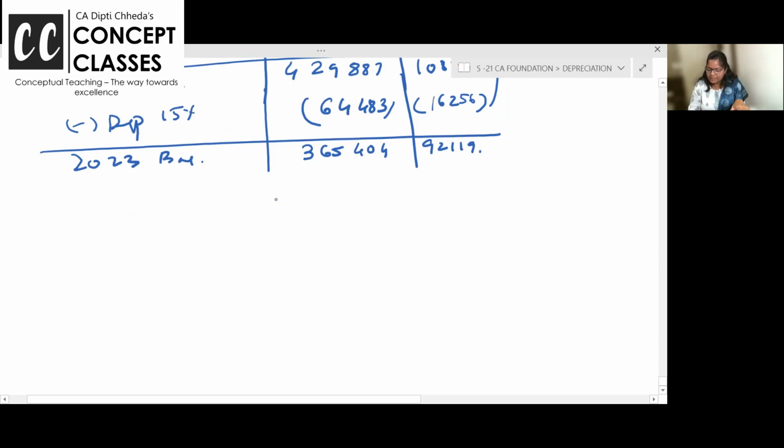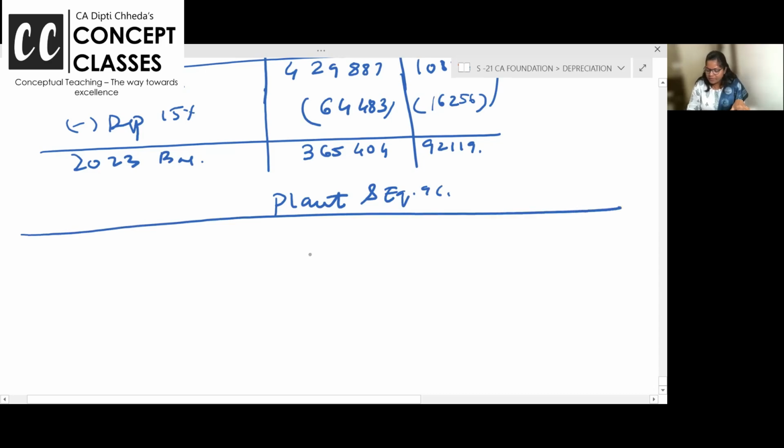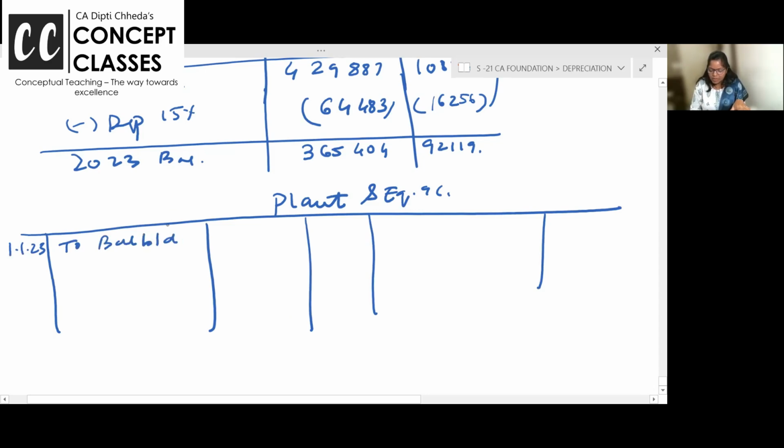Make a T format below this: plant and equipment account, date, particulars, account, date, particulars, and we're starting with 1st January 23, by balance brought down from working note 1.